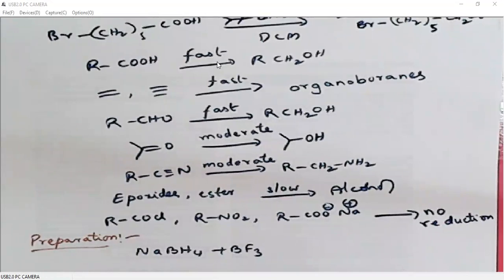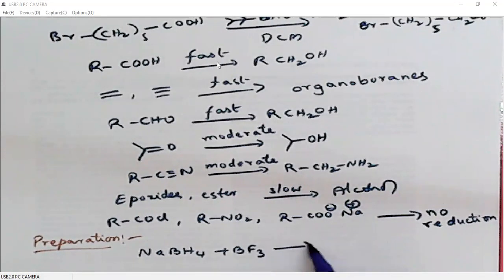Boron trifluoride is again a dangerous reagent. It is a low boiling liquid. Then it will form borane. Of course, the reaction is not balanced by me. You can try this.